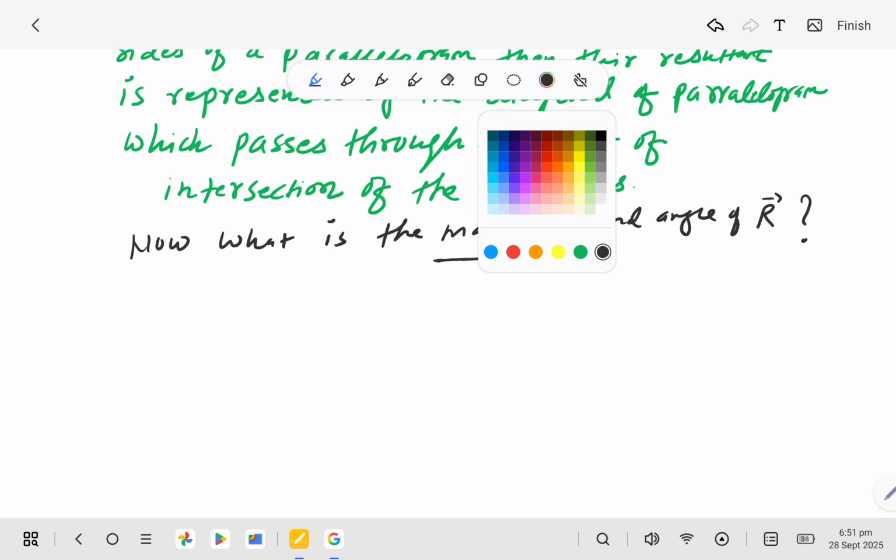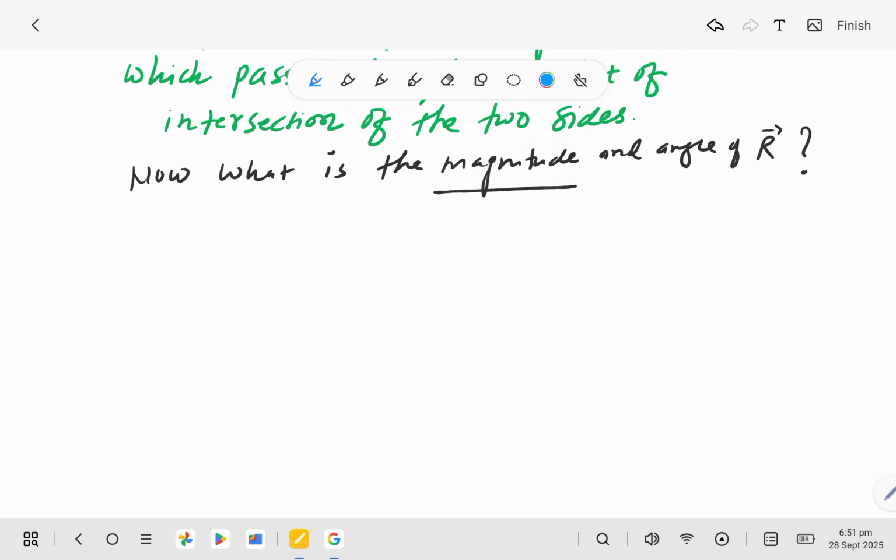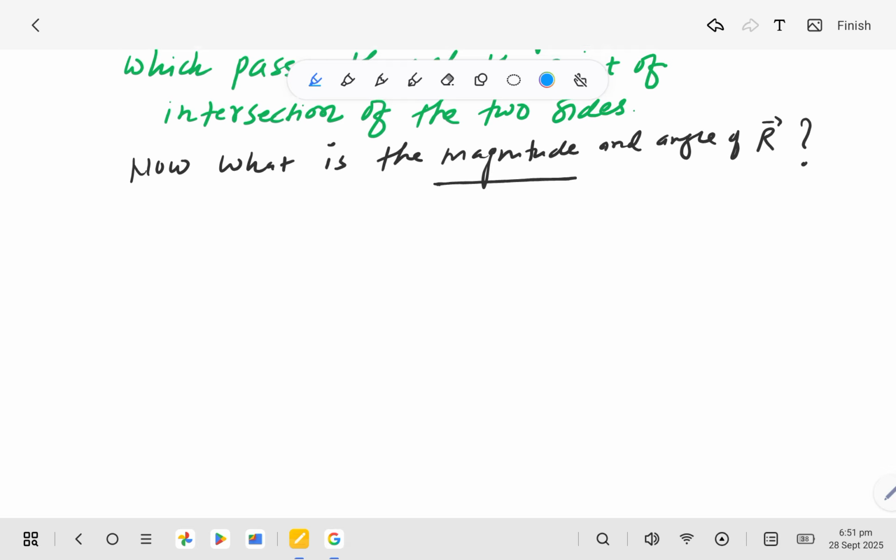So to get the resultant value, to get the magnitude of the resultant force R, we can use the law of triangles. Okay, so what is the value of R?